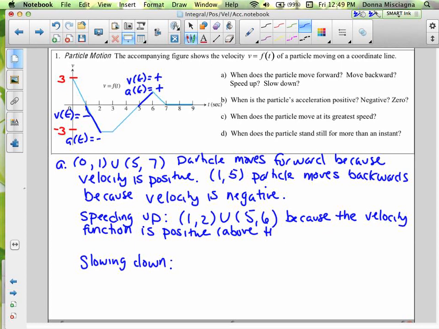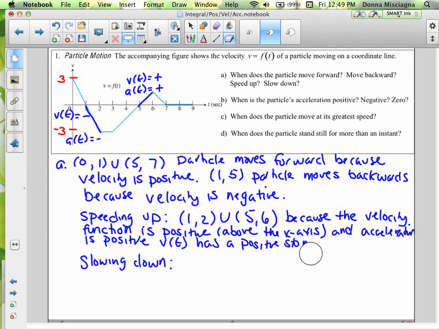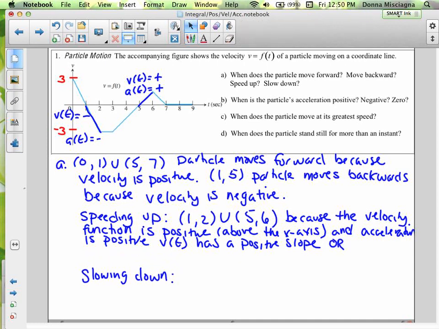It's above the x-axis, and the acceleration is positive. I'm going to abbreviate velocity, because v of t, that's our velocity curve, has a positive slope. Slope's not a word. Slope. And that's our first one.